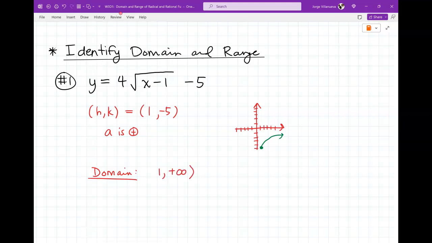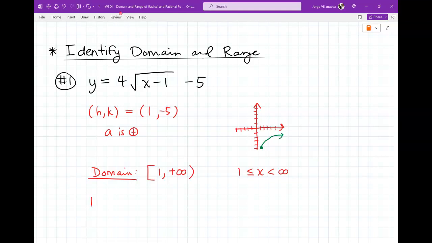No, so that's going to be a parenthesis. But you do see a solid dot at 1, right? So closed from 1 to infinity. Okay? Sometimes you might see it on state tests like this. That's another way they might write it. So it just depends on what they want to show.